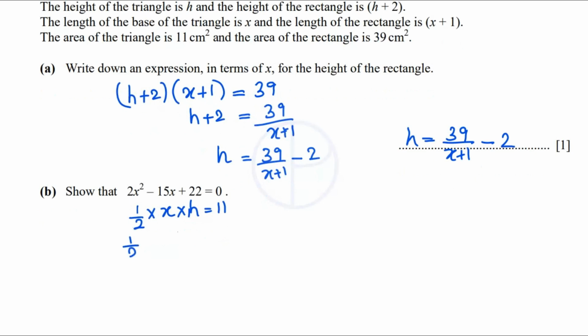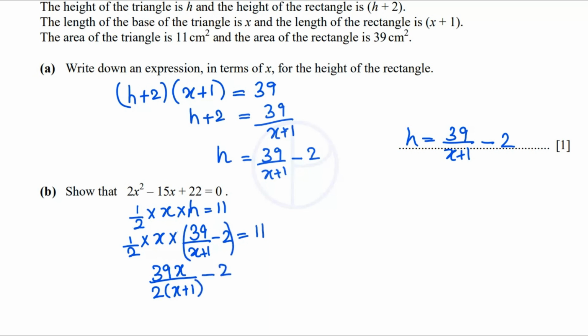And let's substitute h value here, which is 39 divided by x plus 1 minus 2, equal to 11. Let's simplify this one. 39x divided by 2 times x plus 1 minus 2 times x divided by 2 minus 11 equal to 0. This 2 and this 2 gets cancelled.